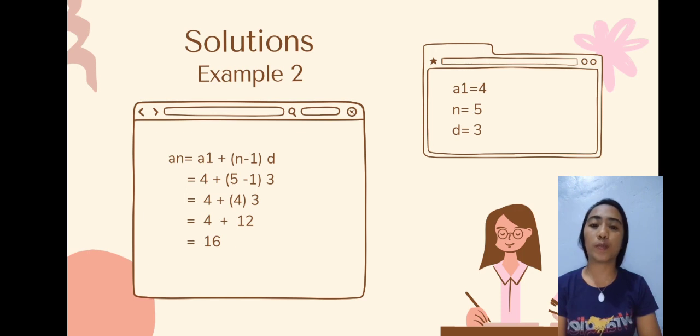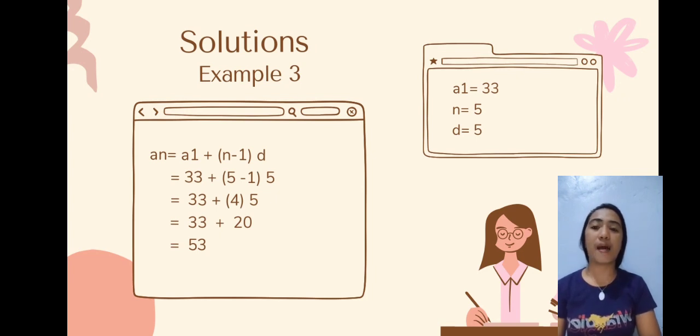So the result will be 4 plus 5 minus 1 times 3. So 5 minus 1 is equals to 4. So the result will be 4 plus 4 times 3. So now, we will proceed to multiplication. So 4 times 3 is equals to 12. So 4 plus 12 is equals to 16. So the fifth term in example number 2 is 16.